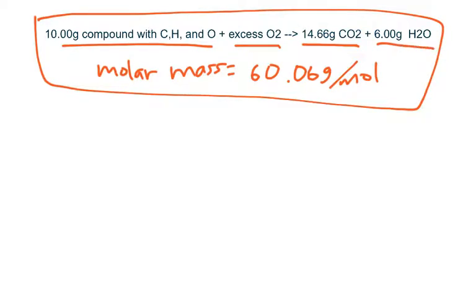So in this here, we can clearly see that there will be some sort of conservation of mass going on. So let's split this reaction into its left and right side.